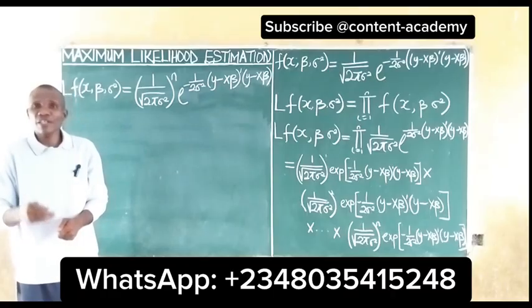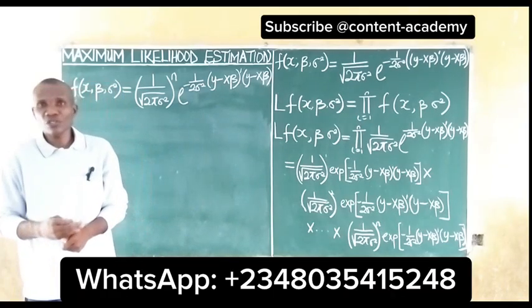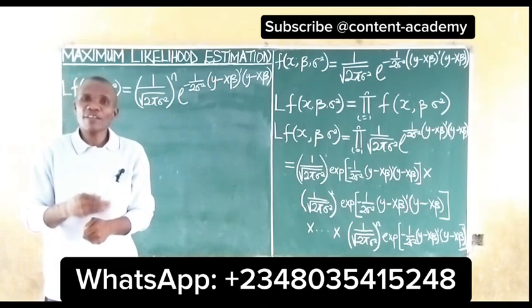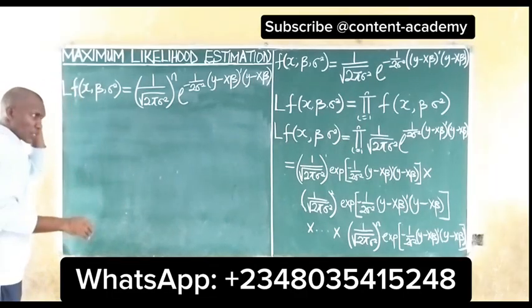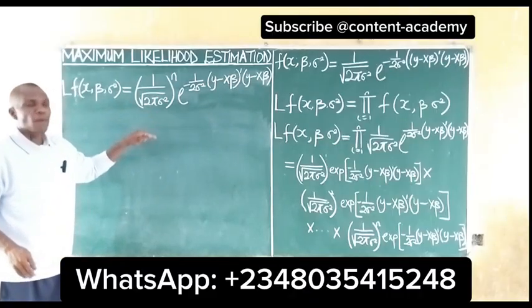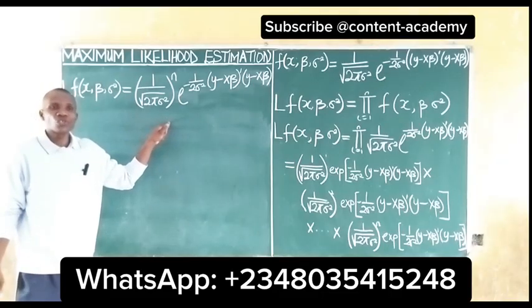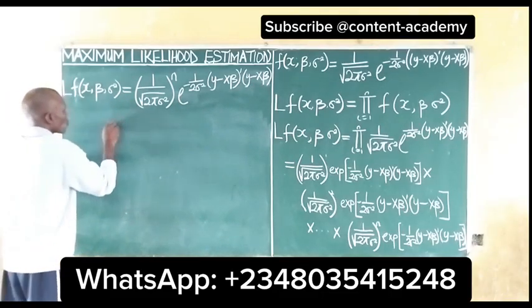To find the maximum likelihood of any distribution, we first find the likelihood function, take the logarithm of that function, differentiate and equate to 0. Now, the next thing to do is to take the log of this function. But for me to take the log, we have to rearrange this properly.